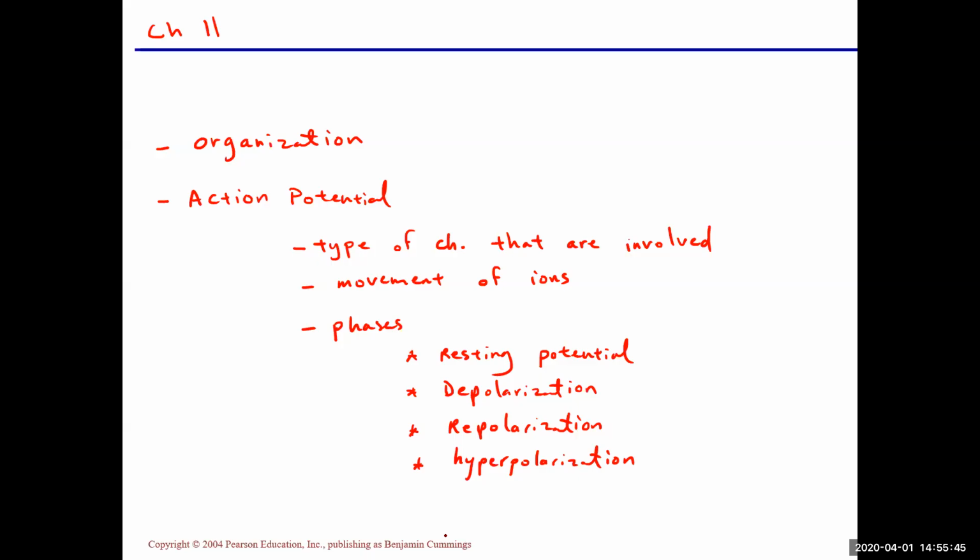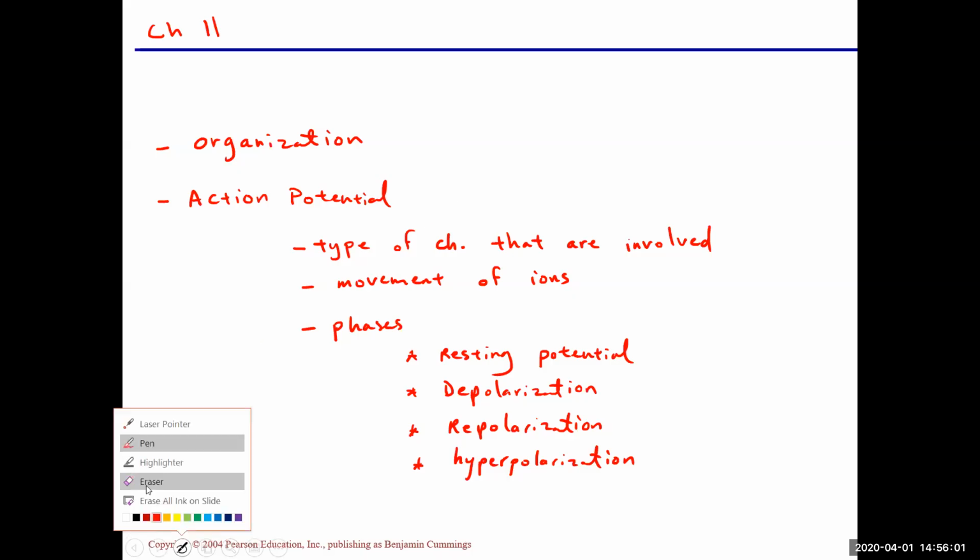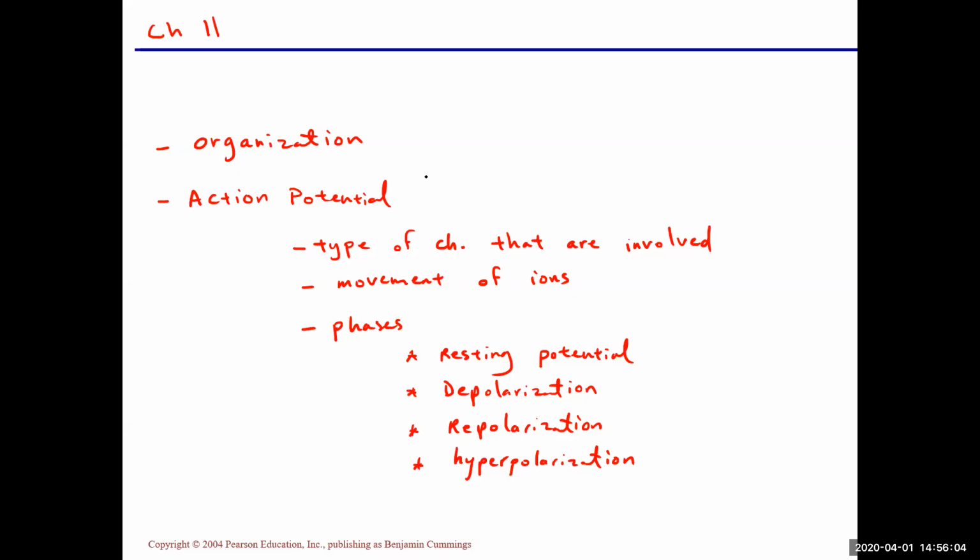Along the way, we will also look at a few concepts. One of the concepts of the action potential that we will be discussing, and it's important in action potential, is why the inside of the neuron is negatively charged.